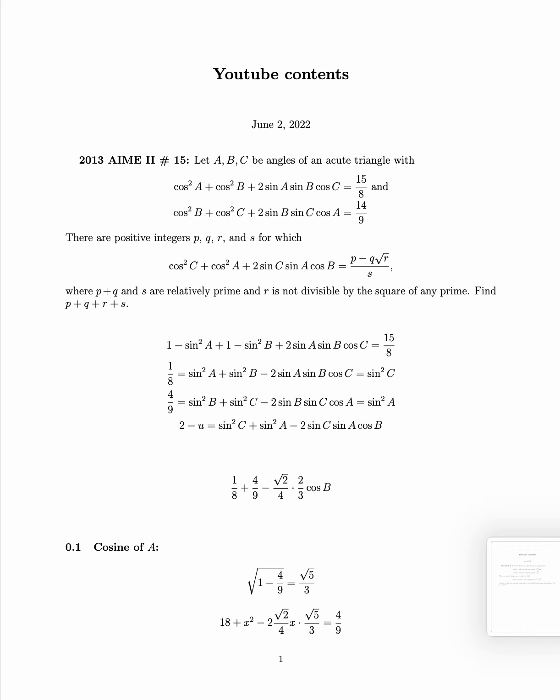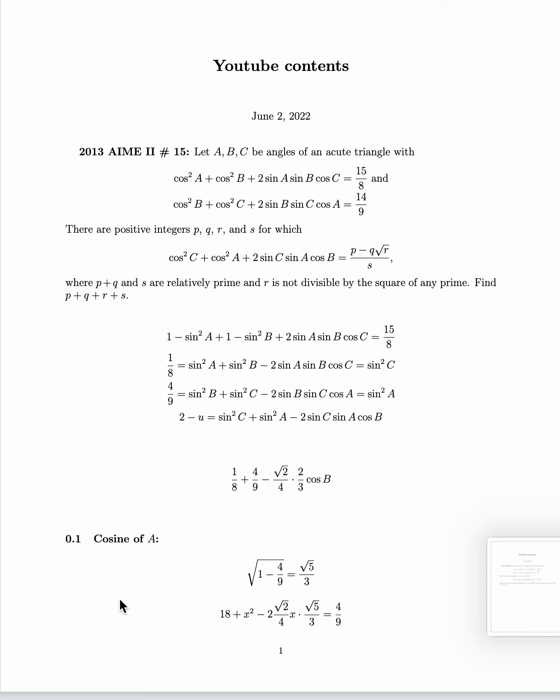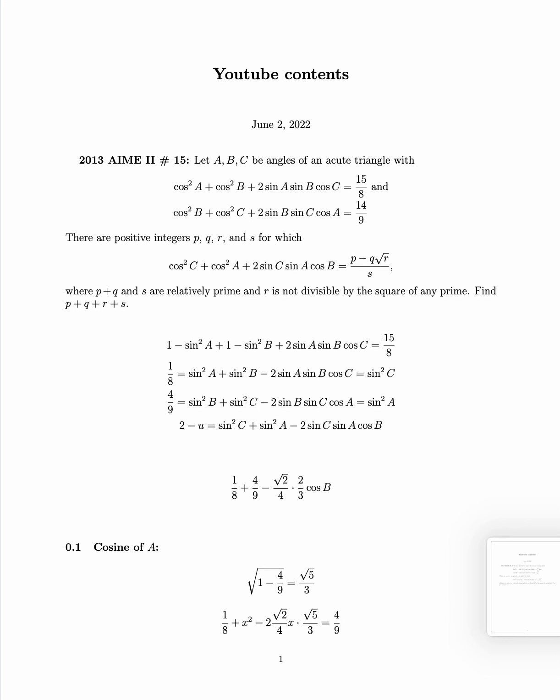Okay, this alignment is actually kind of weird. Yeah, let's see. Let me just make a new page to be more clear, since this one is actually kind of messy.